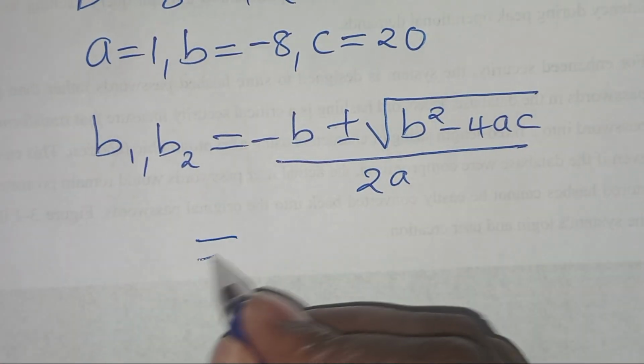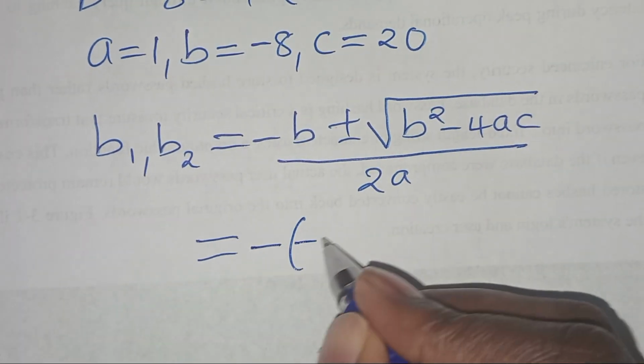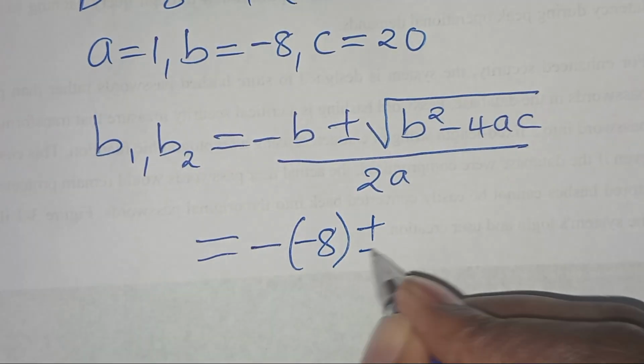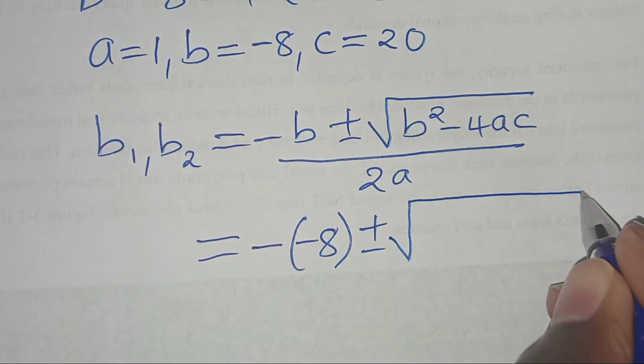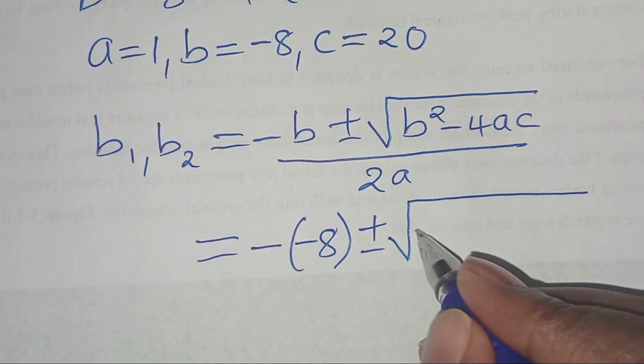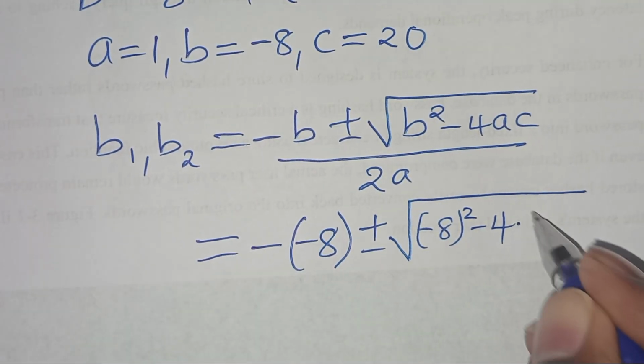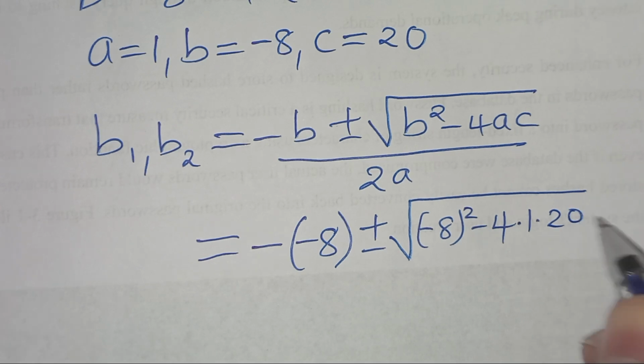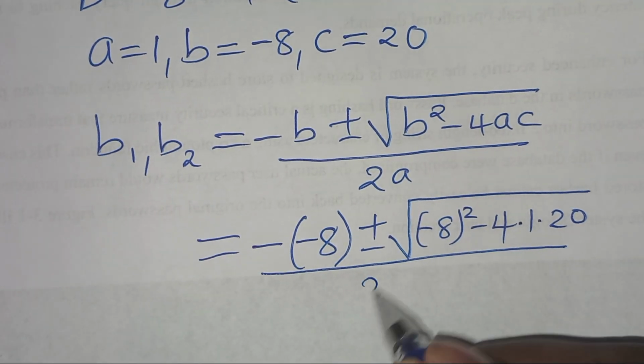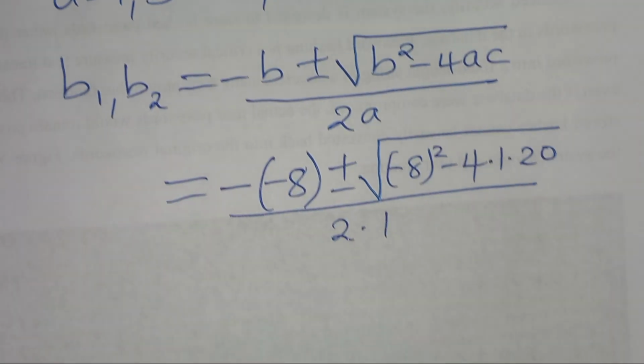So here we have -(-8) plus or minus the square root of (-8)^2 - 4 times 1 times 20, all divided by 2 times 1.